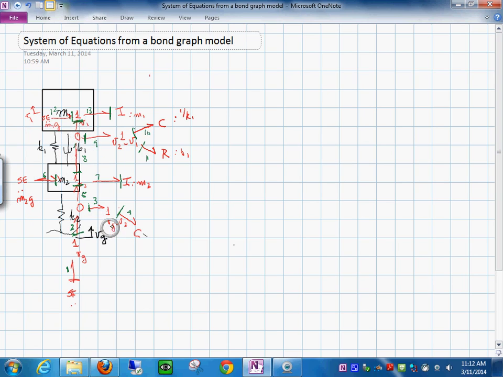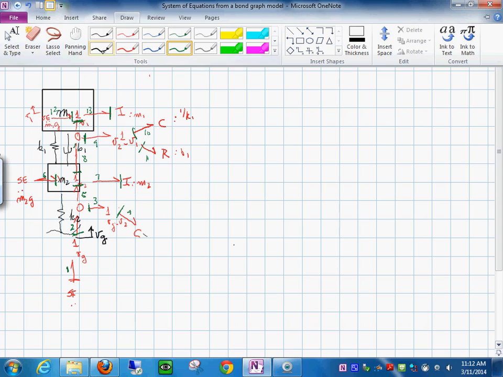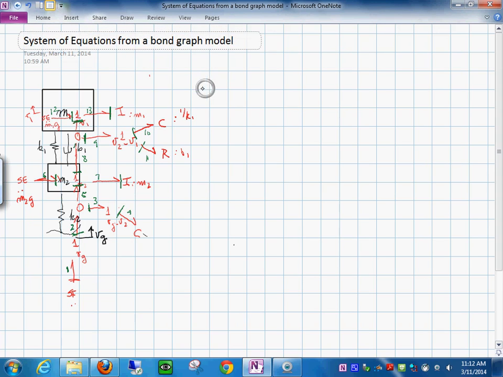Okay, so we have the model completely done, and now we need to obtain the equations from this. So what I would do is go here and choose this.